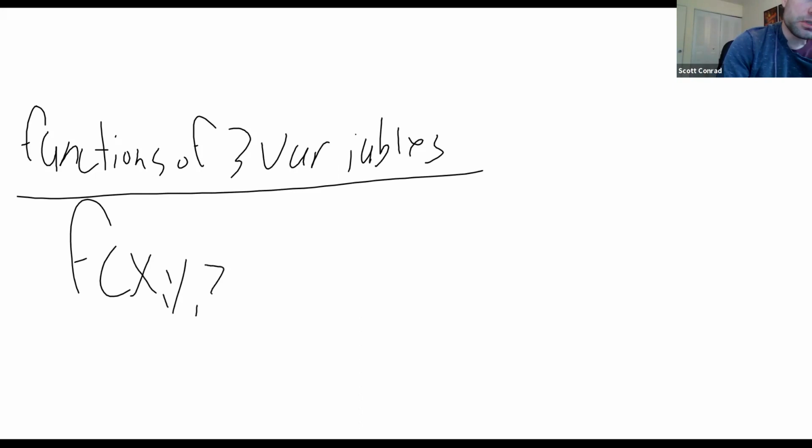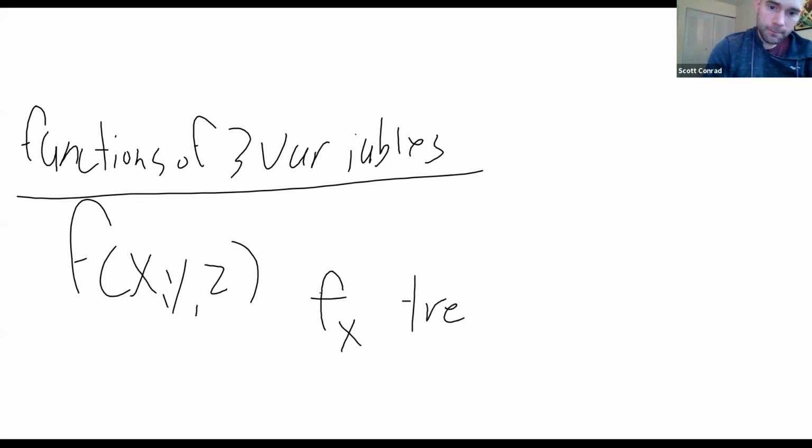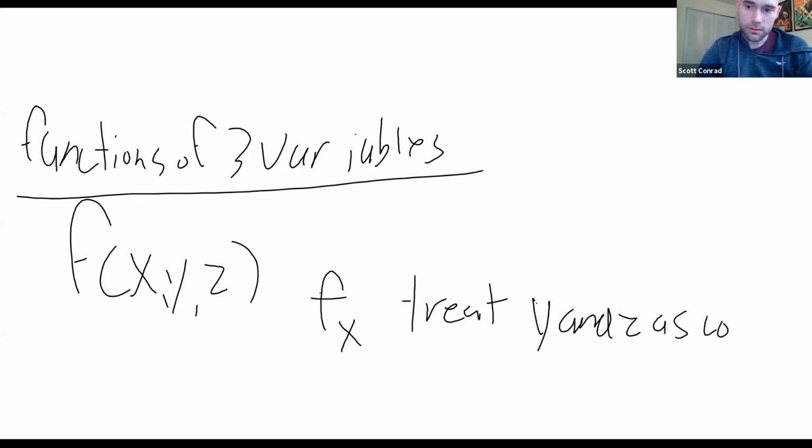So for functions of 3 variables, now you have 3 variables, x, y, and z. And so we can take partial derivatives with respect to any one of those 3 variables. The process is exactly the same. If you want to take the partial of f with respect to x, now you're going to treat y and z, the other 2 variables, as constants, and differentiate as usual with respect to x.